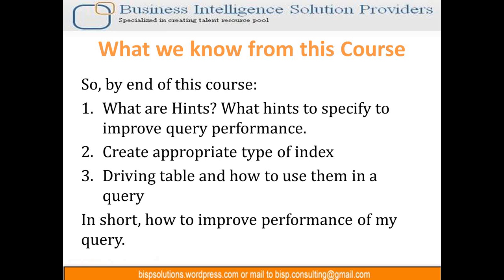Also, we'll understand what is meant by a driving table and how to use tables. For example, I need to write a query on 4 tables: employee, department, bonus, and salary. In the from clause I can write employee, department, bonus, salary, or employee, bonus, department, salary, and so on. I can write these 4 tables in many combinations and all will result in the same query.